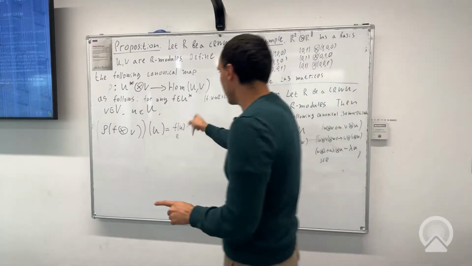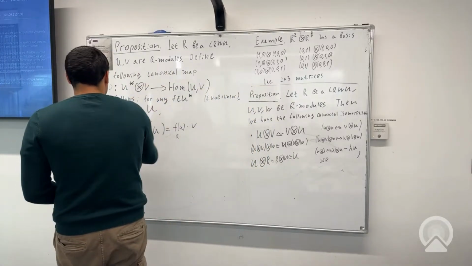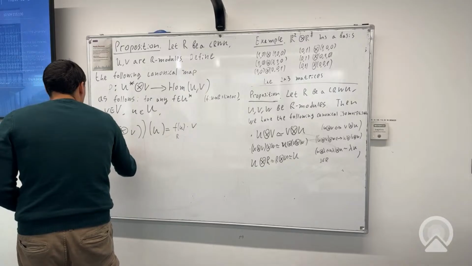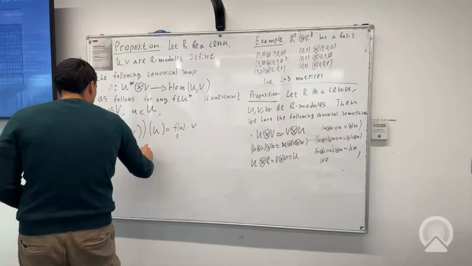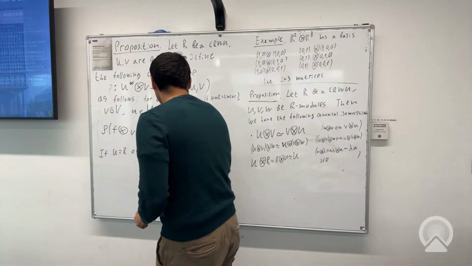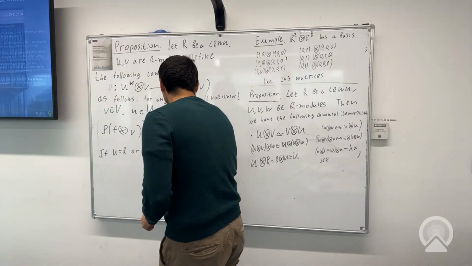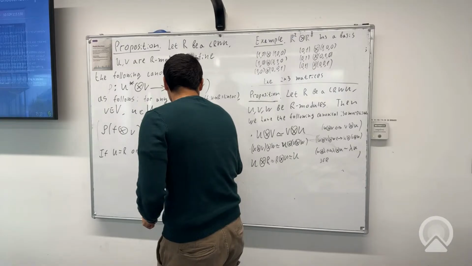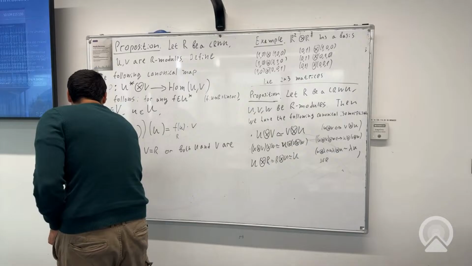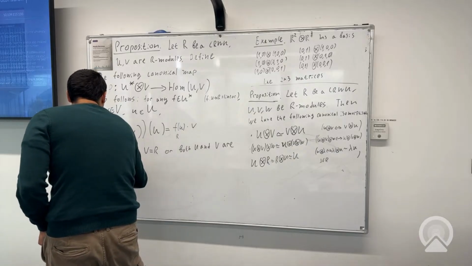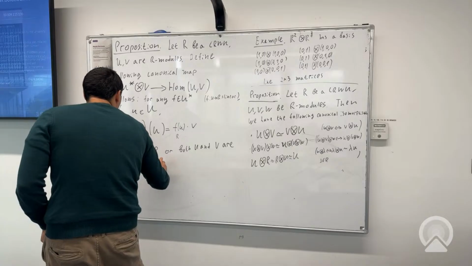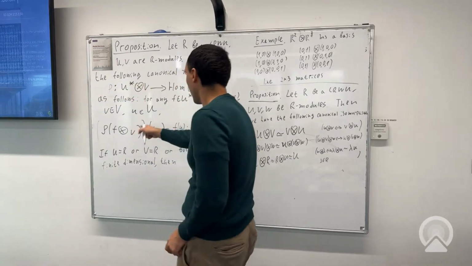And this map, if U is R or V is R, or both U and V are finite dimensional, then rho is an isomorphism.